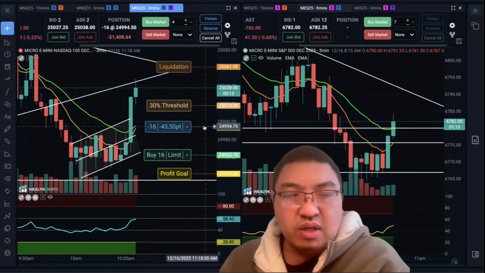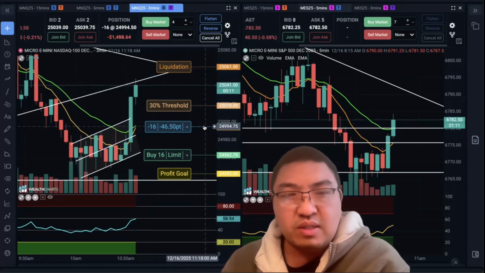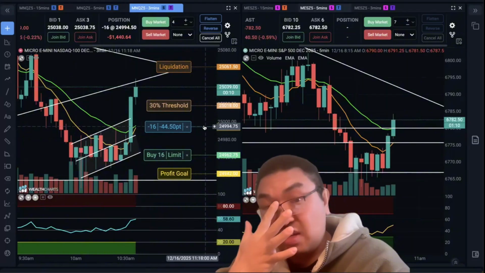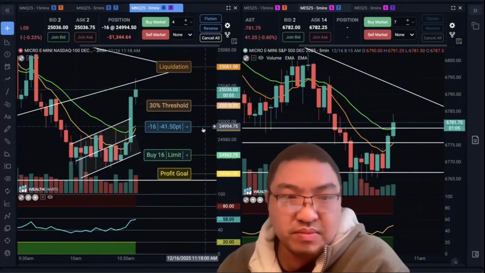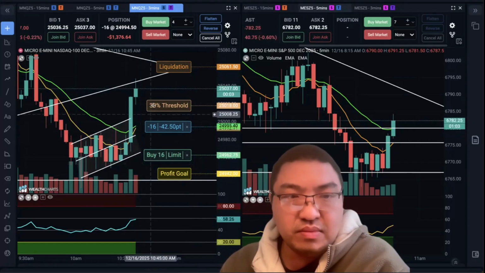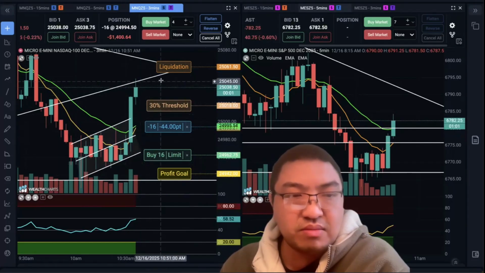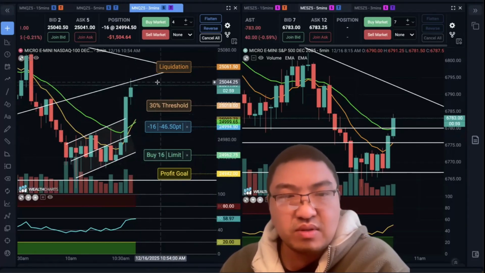So I can only grab my entry price here and hopefully it will retest here. Hopefully this is some seller defense. Oh, it jumps a little bit to here.